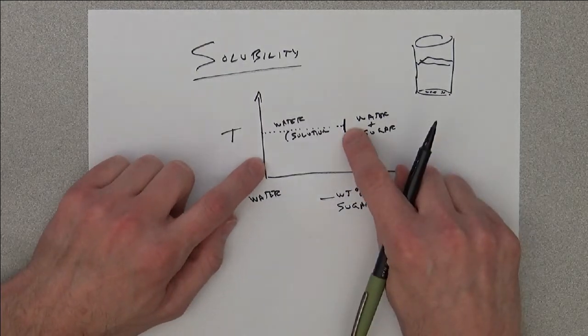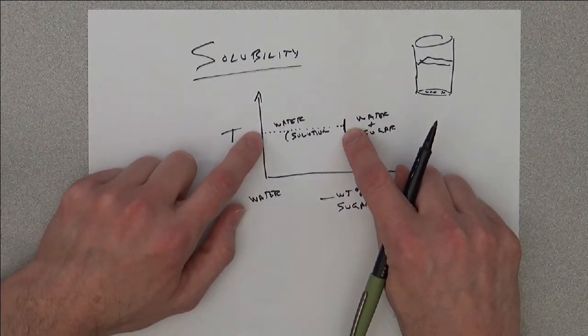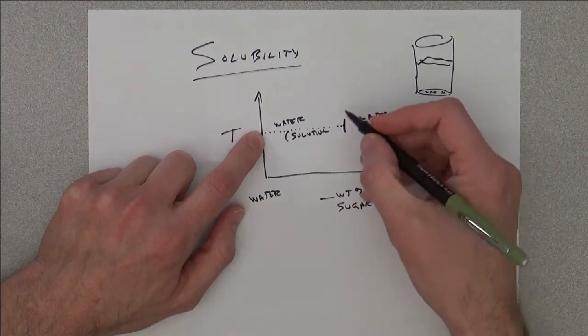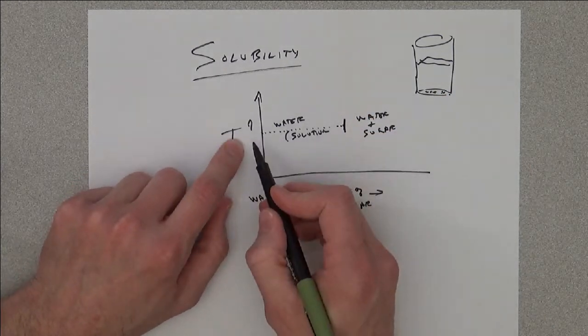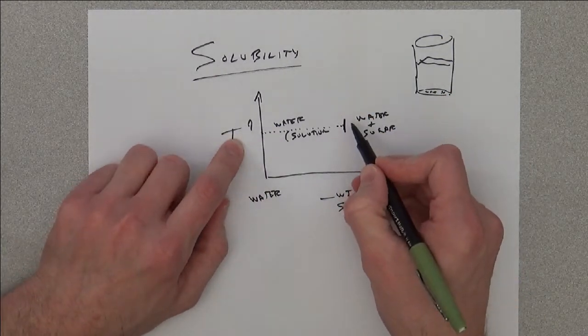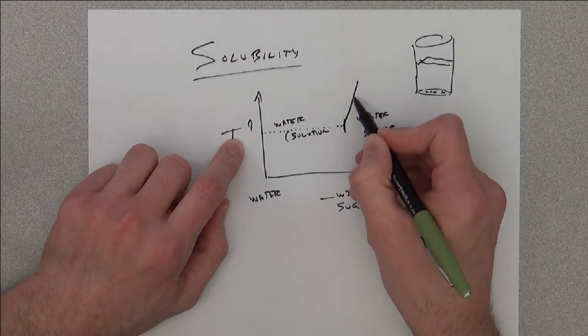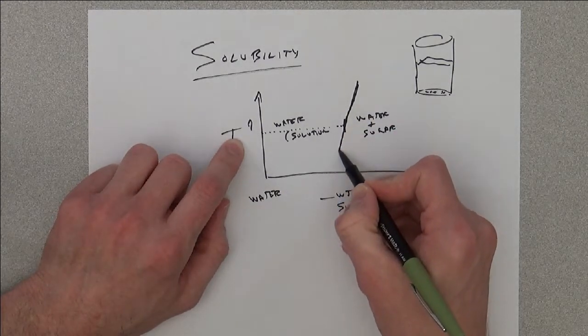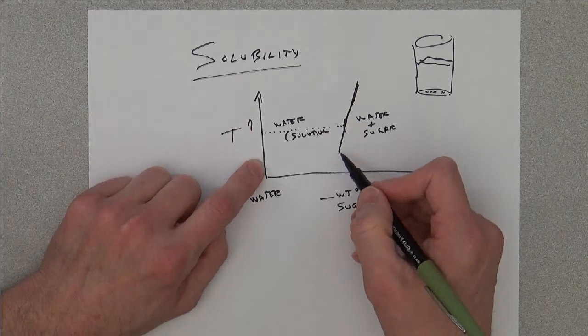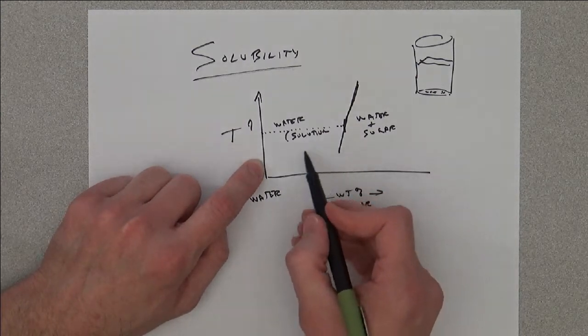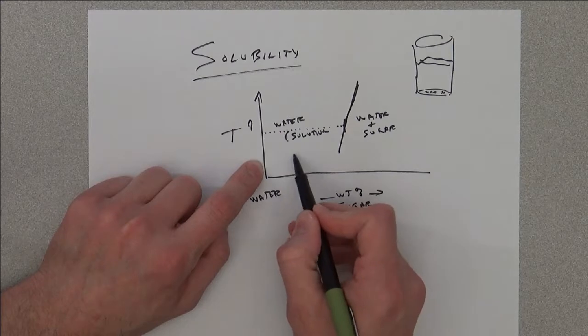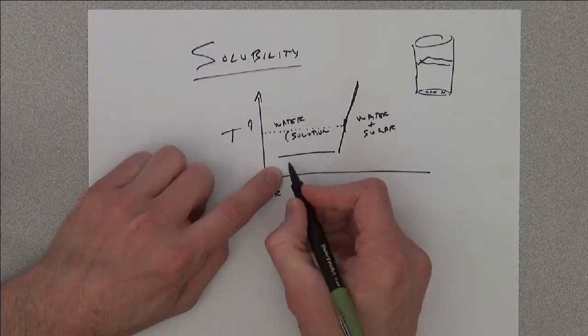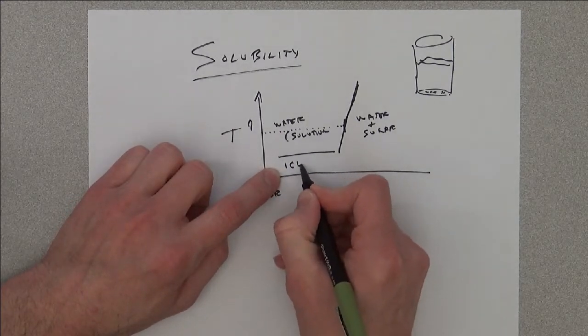And we know that as you increase the temperature, you get greater solubility. So if we go up in temperature, we're going to have something that does say that. And as we go down in temperature, we lose solubility. And if we get below a certain point, we actually are going to have some type of freezing. Ice.